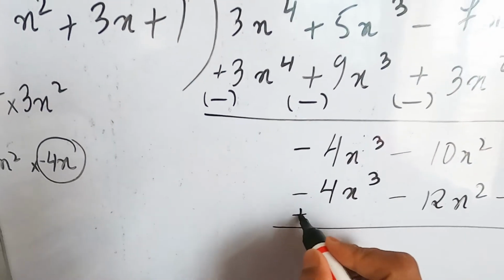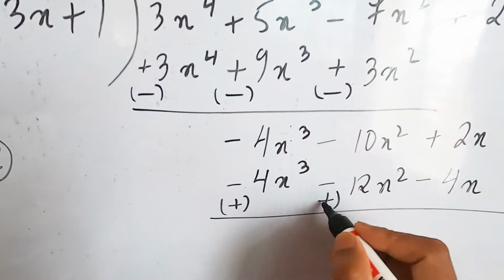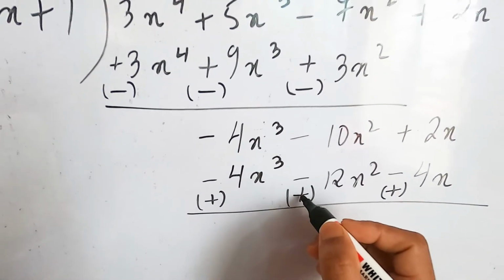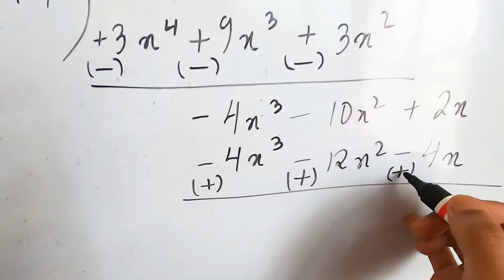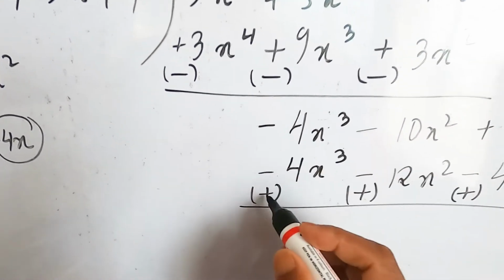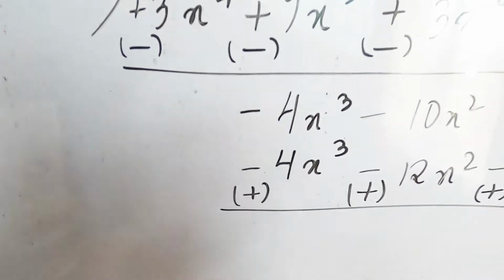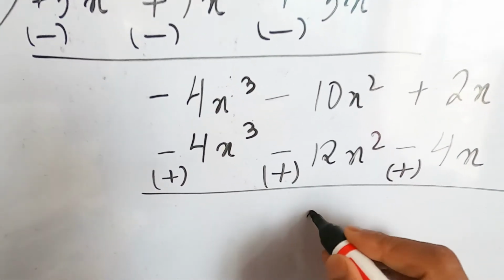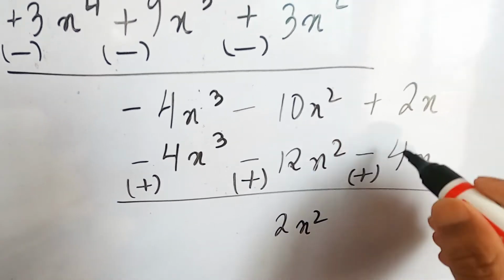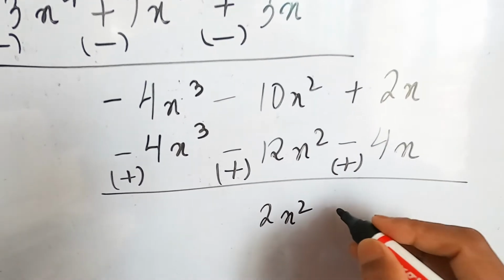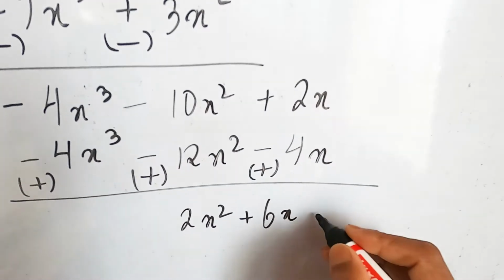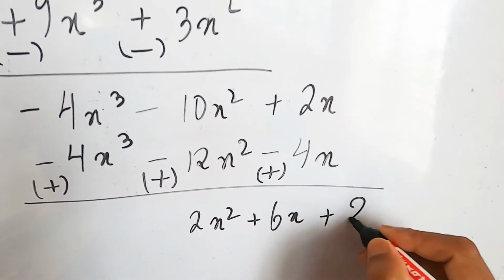So by sign convention this will be plus, this will be plus, this will be plus, because here is minus, so it will be plus, here is minus, so here will be plus. So minus 4x cubed plus 4x cubed, they will get cancelled, and in this case 10 minus 12 will be 2x square, and 2x plus 4x will be plus 6x, and you drop down the last term, that is 2.